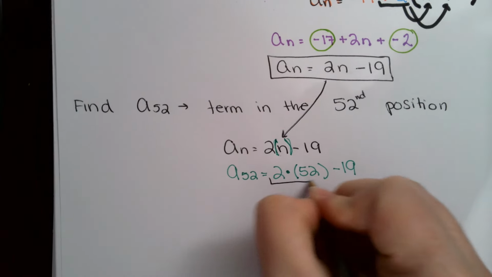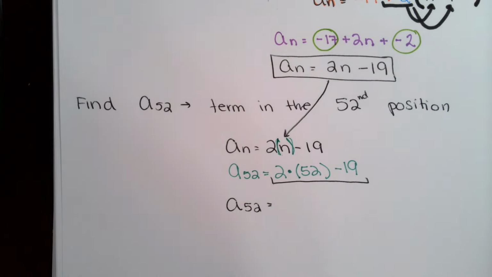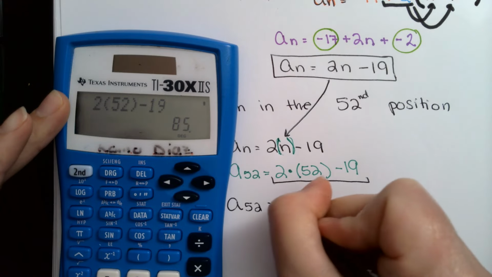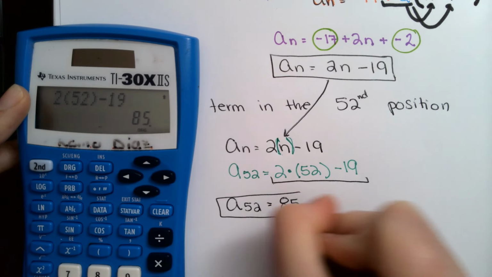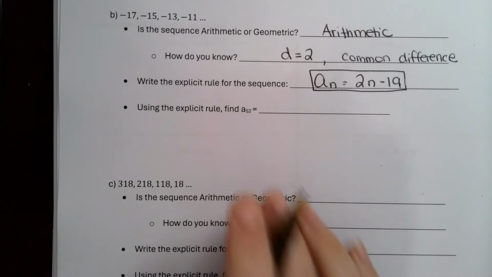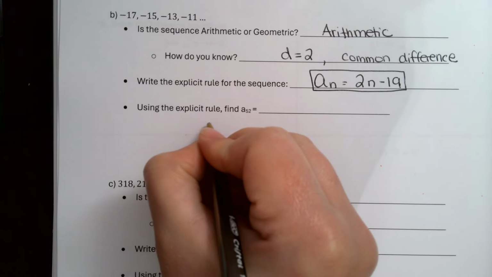This here again is a calculator, so the answer a sub 52 is equal to 2 open 52, close it, minus 19 is 85. All right, let's rewrite this one more time. a sub 52 is equal to 2 times open 52, close it, minus 19. And that gave us an answer of 85.